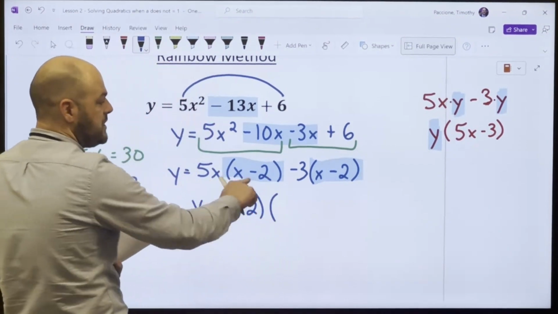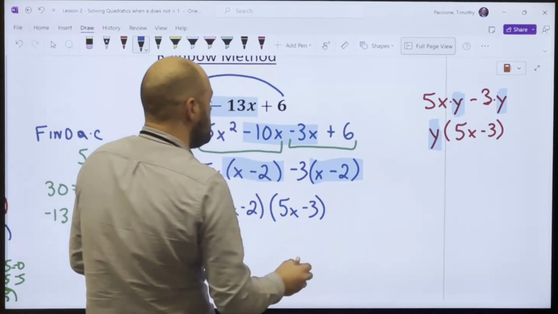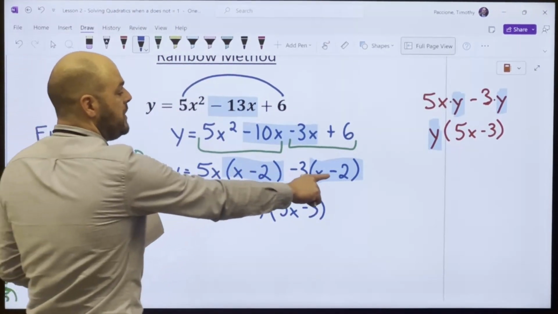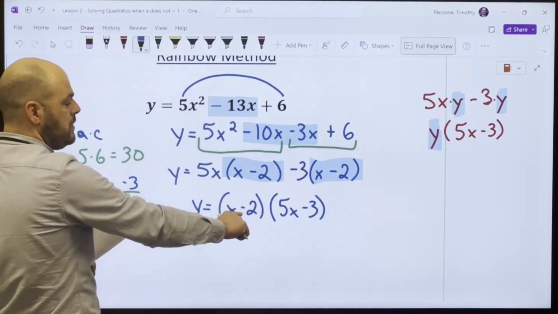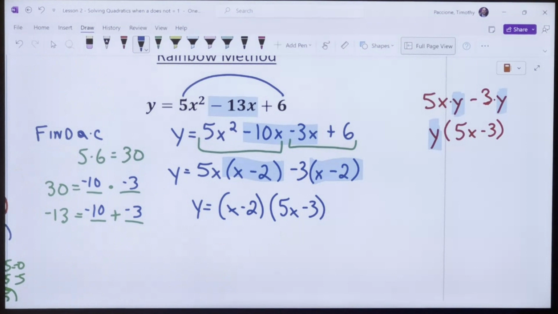And then the other pieces go in the other spot, 5x minus 3. So you take the group that you found, put it out front, and then 5x and minus 3 go in the other one. And now you've factored into factored form.